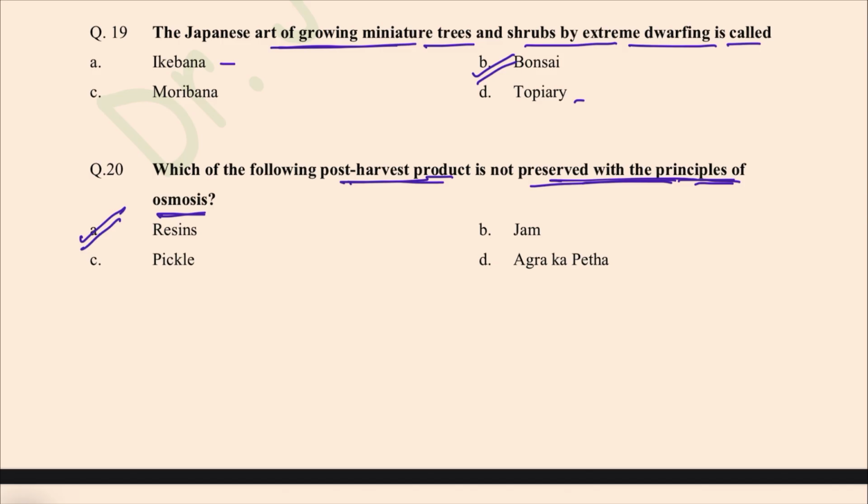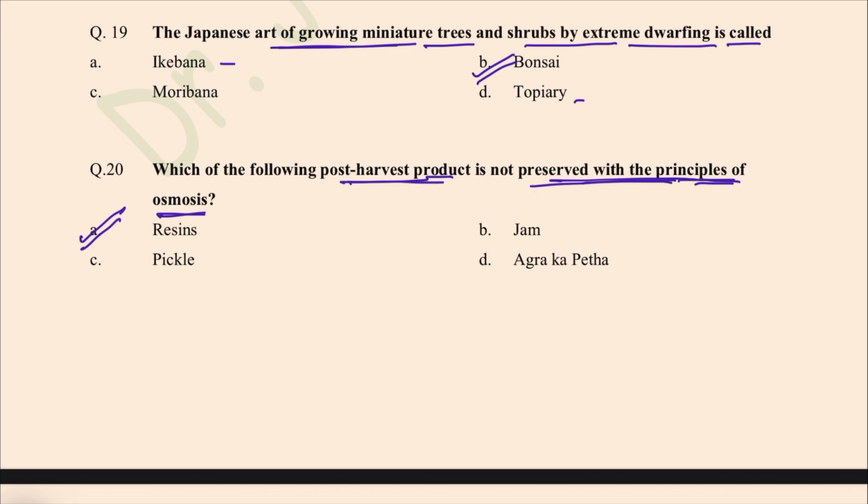In food preservation, this principle is used to draw water out of the microbial cell by placing the food in high sugar concentration, as followed in jam, and high salt concentration, as in pickle, thereby inhibiting microbial growth.